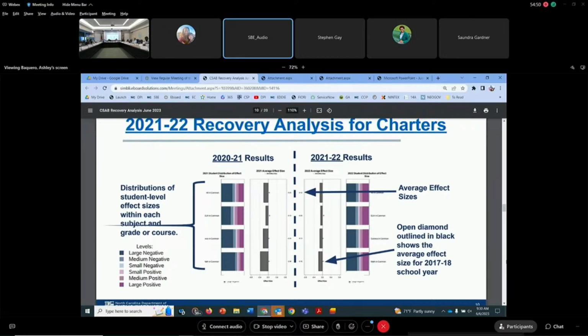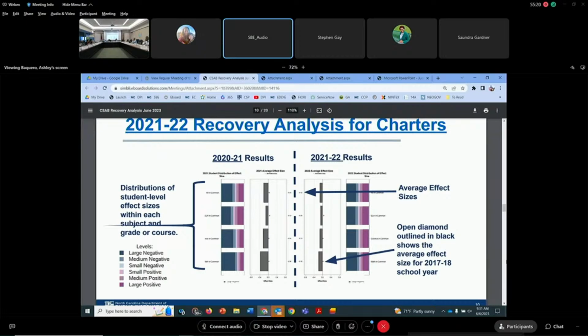And how do we know that? Well, if we define recovery as simply the difference between 21 and 22, in other words, what direction scores have trended over the past 2 years, you can see on the right, if you look closely, those bars are much closer to the line of zero, which, as Dr. Marr said, tells us that students are becoming closer to their projected scores, which we are defining as recovery in that sense.